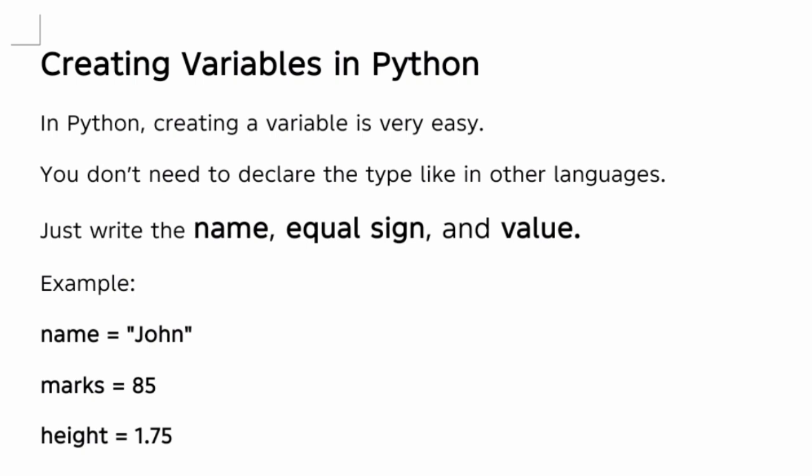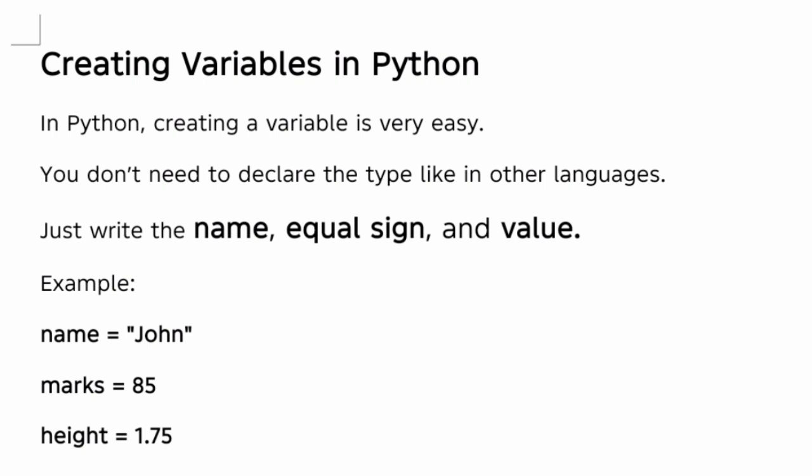But here in Python, you do not need to declare a variable by using a data type. So the syntax for variable declaration in Python is very easy. You just give the variable name, the assignment or equal sign, and the value.